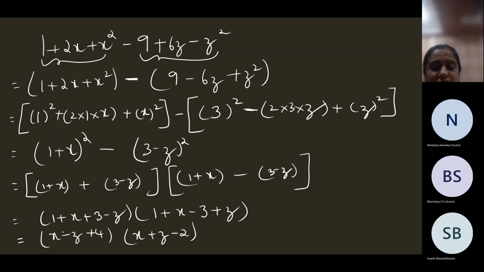Because you can add 3 and 1 and you can simplify the numbers in the brackets. x minus Z plus 4, x plus Z minus 2. Understood, children? Yes, ma'am. Understood. What about Nandana, Bhavishya? Yes, ma'am, understood. Yeah, please write down the answer.